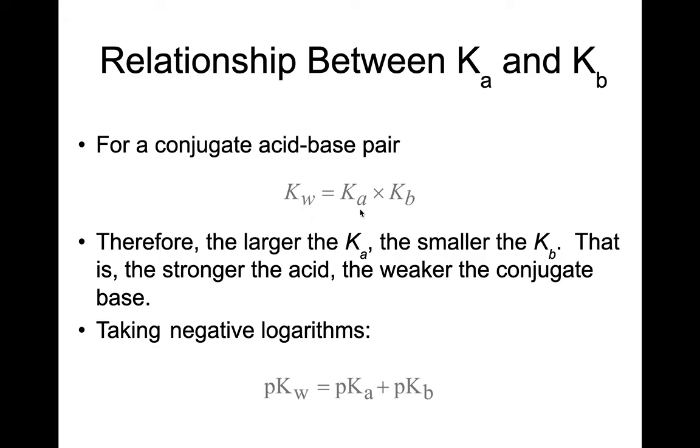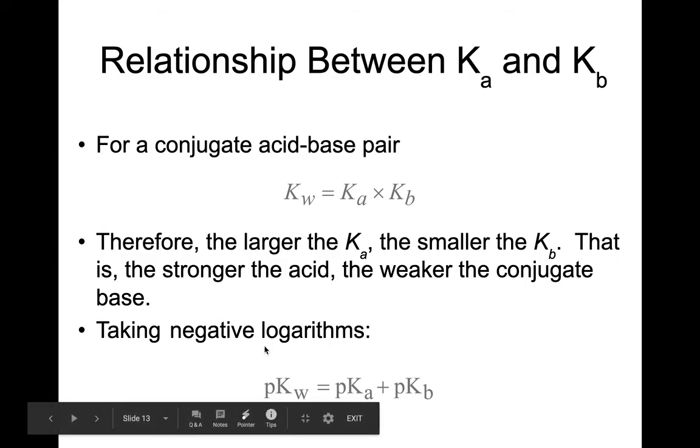So in other words, the larger that Ka is, the smaller the Kb has to be. This is why we've got this relationship that the stronger the acid, the weaker the conjugate base. Strong acids will have weak or negligible conjugate bases. Weak acids will have weak to strong conjugate bases. They will always be related like this.